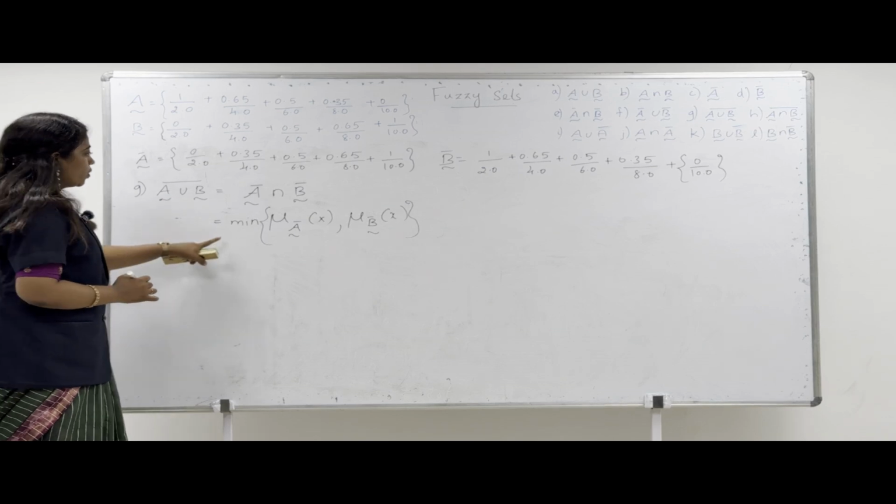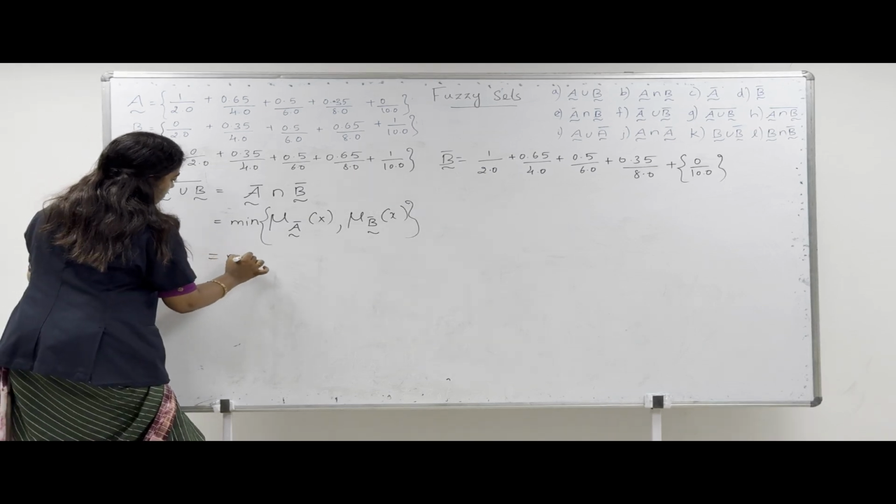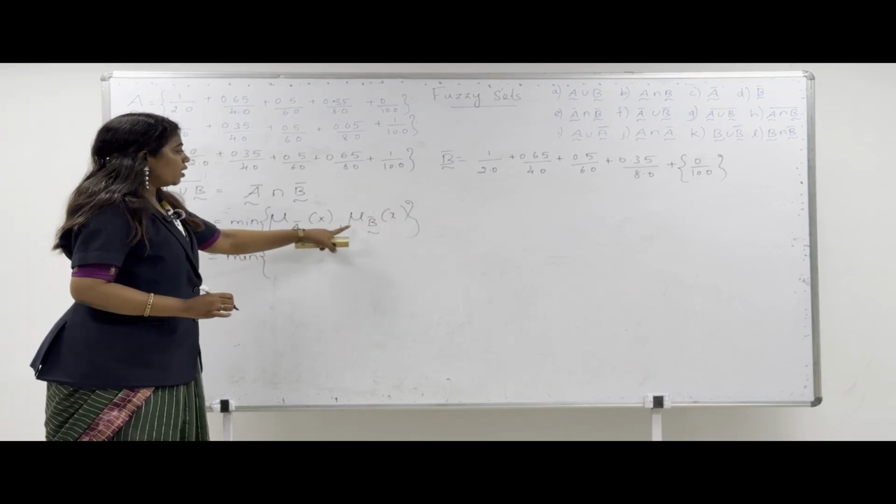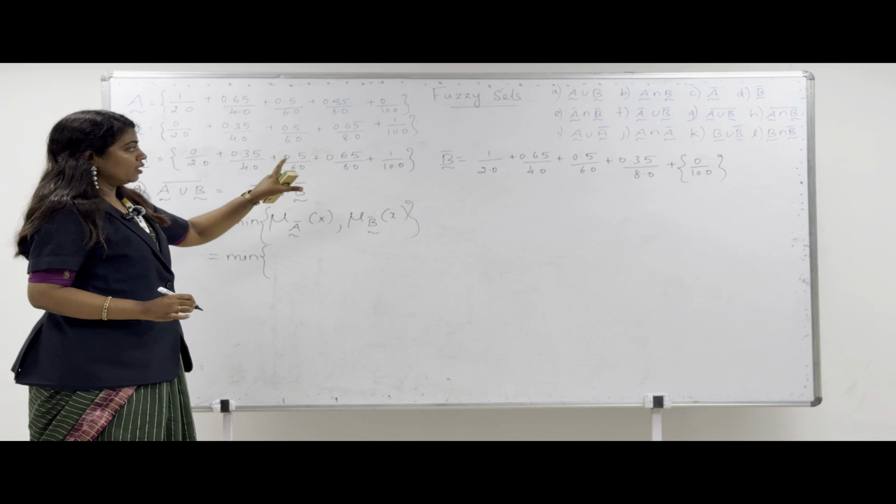Okay. So, here A bar of x comma B bar of x, you have to find the min.